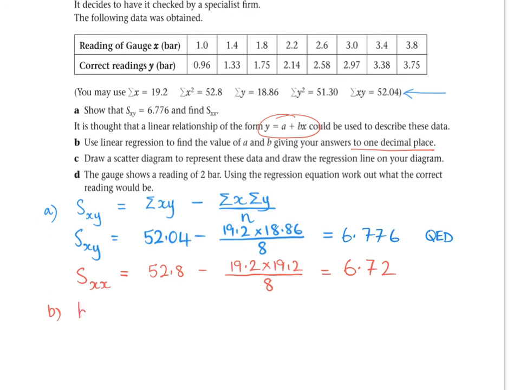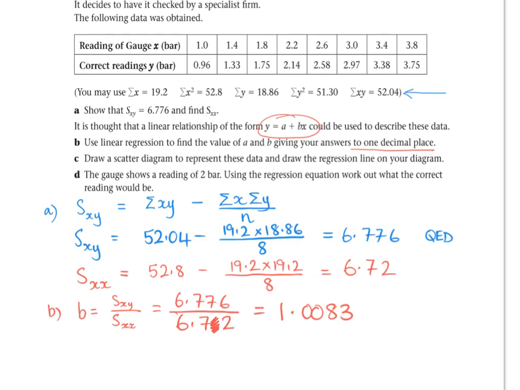So we need to find out what b is, and b is equal to Sxy over Sxx, which is 6.776 divided by 6.72. I made a mistake there, it should be divided by 6.72.